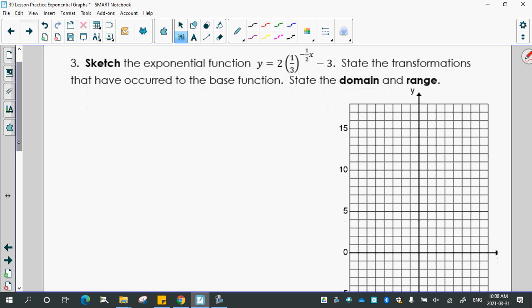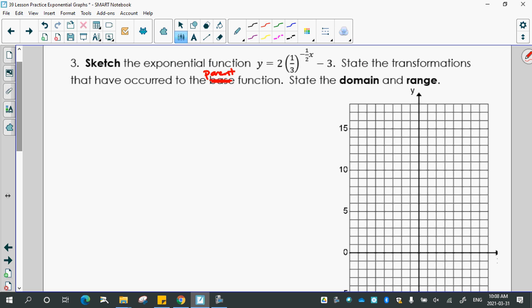So sketch the exponential function y equals 2, and then in brackets a third to the exponent negative a half x minus 3. State the transformations that have occurred to the base function, and state the domain and range. Okay.